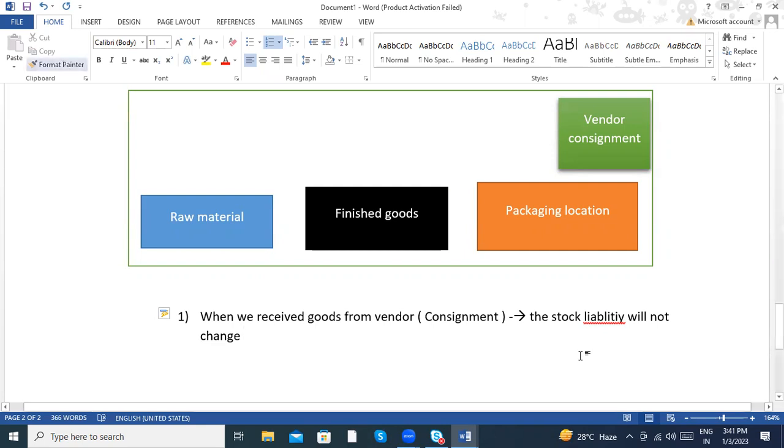The stock liability will not change. That means the ownership will not change. Clear?